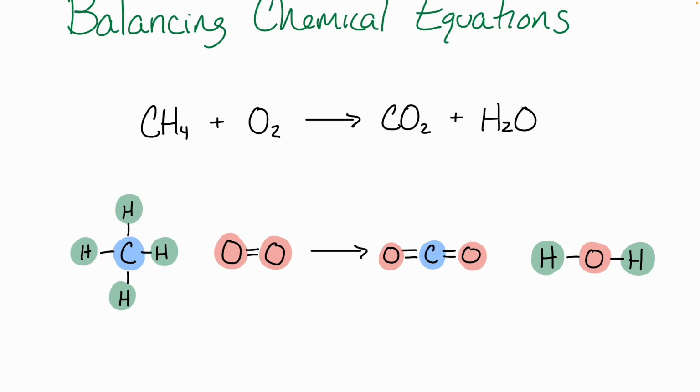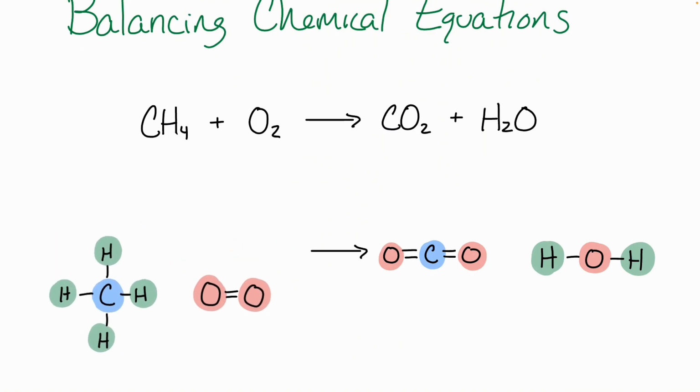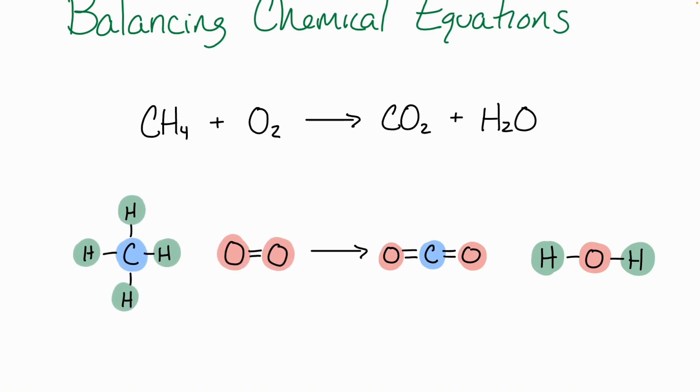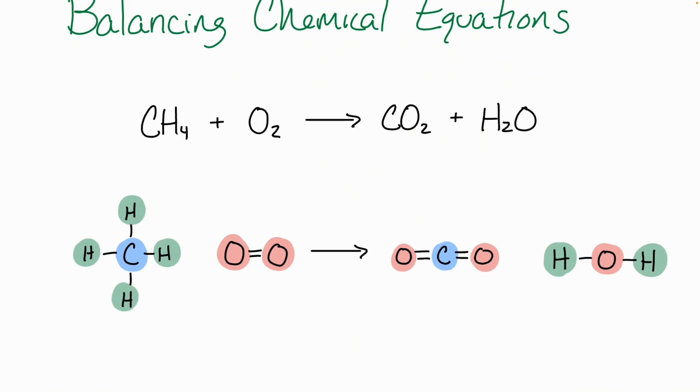So these 2 molecules combine together to form these here. On the left-hand side of our chemical equation, the methane and the oxygen, we call these the reactants because they're what react together. And on the right-hand side, we call these the products of our chemical reaction because they're what formed in our chemical reaction.